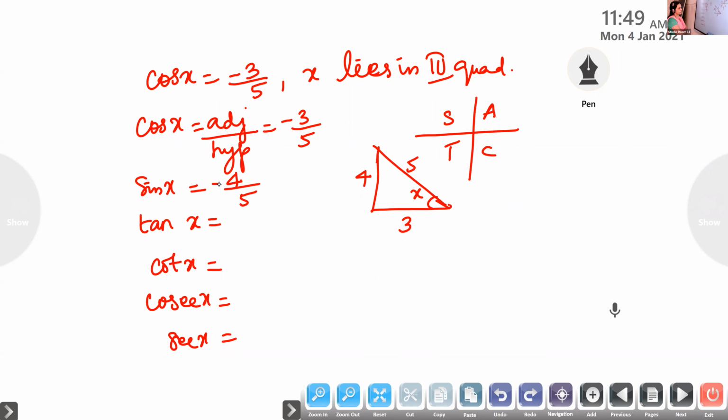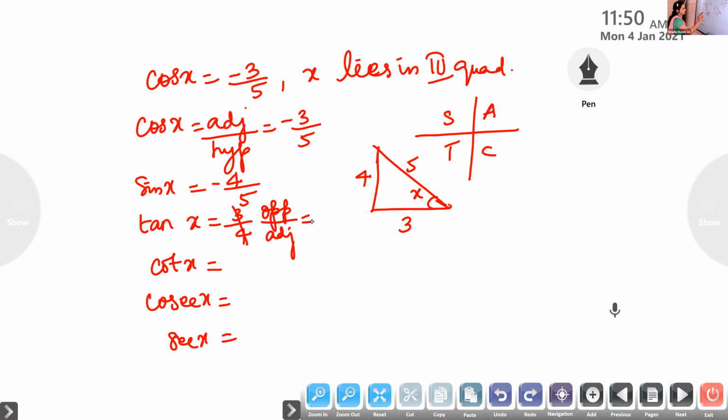What about tan x? 3 by 4. Tan x is positive 3 by 4. Is it 3 by 4? What is the definition for tan? Opposite by adjacent.